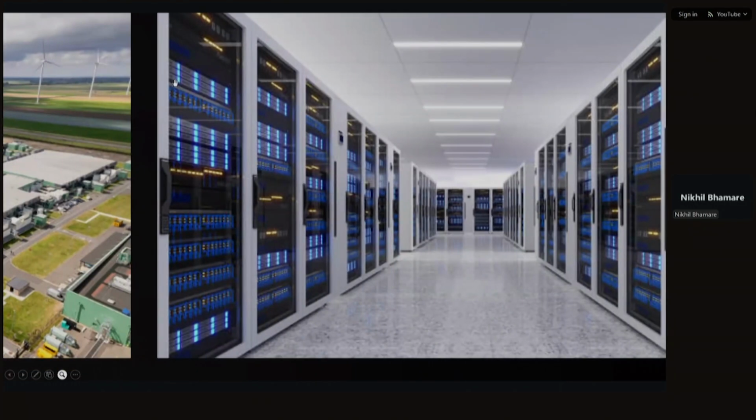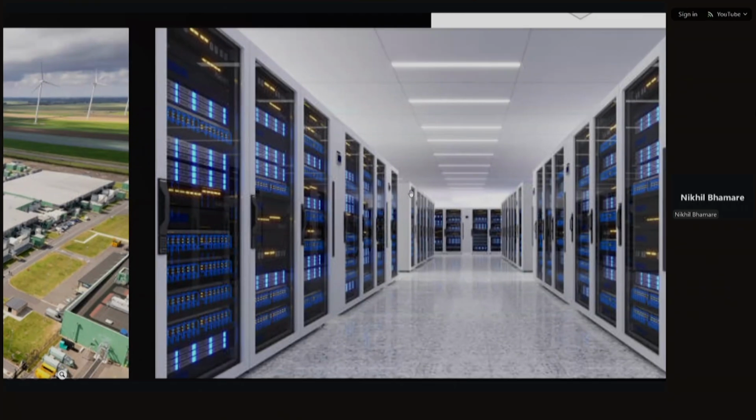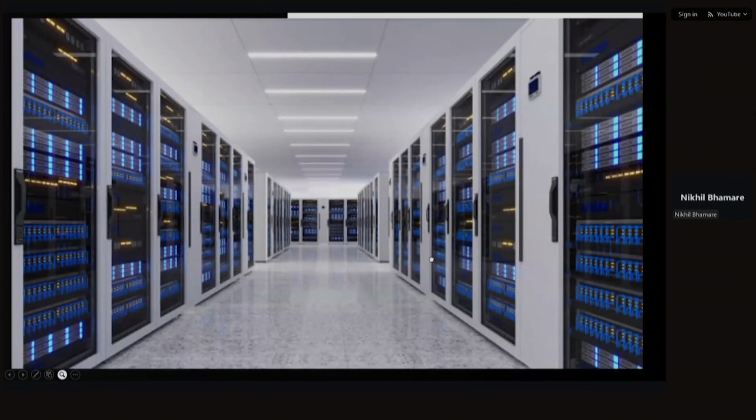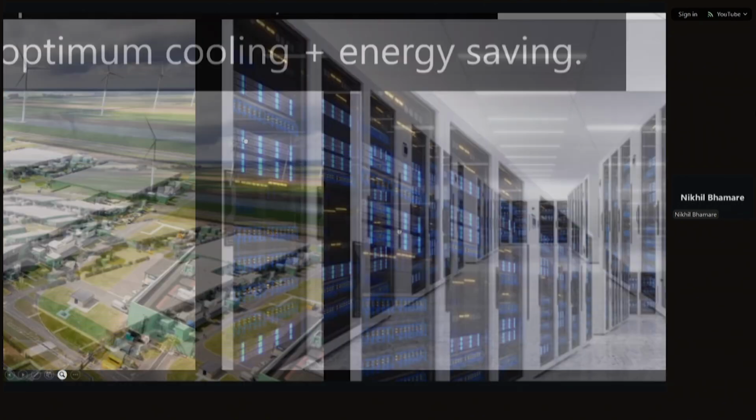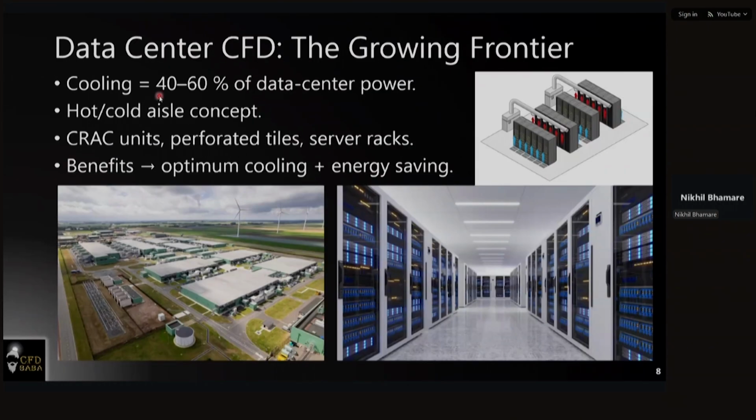These are just computers, and they are processing the data which is sent to these data centers. But during all this, a lot of energy is consumed for running this infrastructure. And almost 40 to 60% of that energy is used in cooling of this data center.